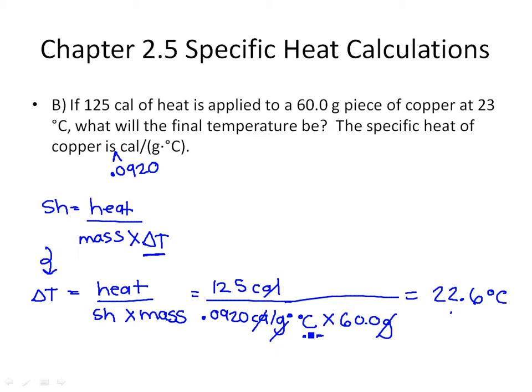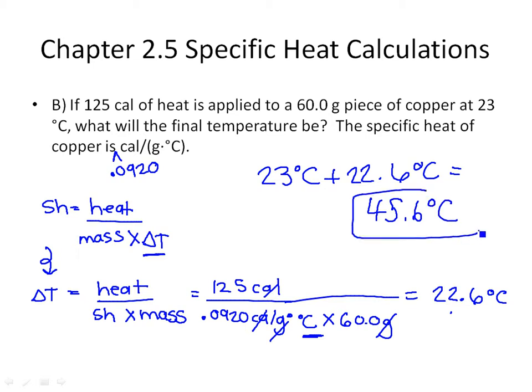Okay, so it's telling you that you're starting at 23 degrees C, and it's changing by 22.6 degrees C. So we're applying heat, so the temperature is going to rise by 22.6 degrees C to give us a final temperature of 45.6 degrees C. Once you find the change of T, that's how much it's going to change.